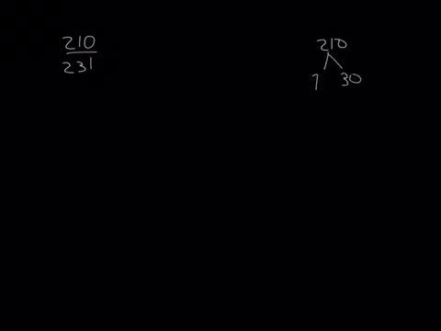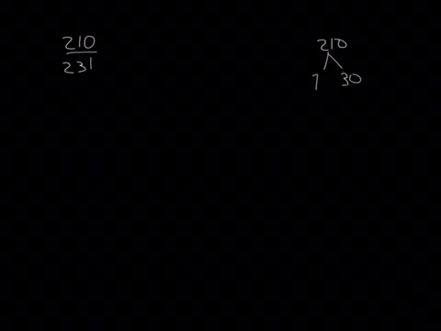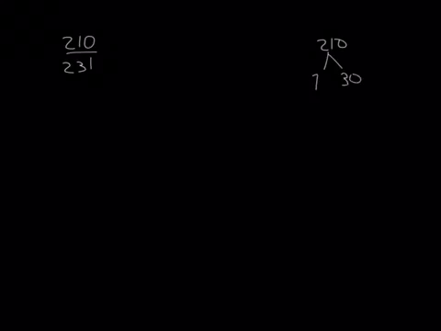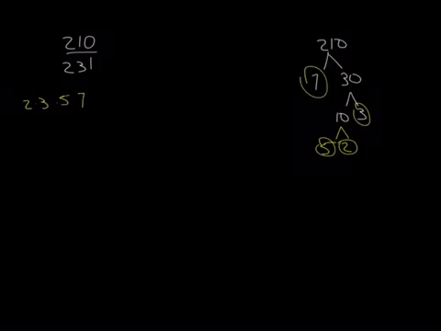I know that 7 and 30 go into 210 because 7 times 3 is 21, so 7 times 30 must be 210. I know that 7 is prime, so I circle it, and I just look at my 30. I circle my 3, circle those. Okay, so my numerator for 210 is 2 times 3 times 5 times 7.